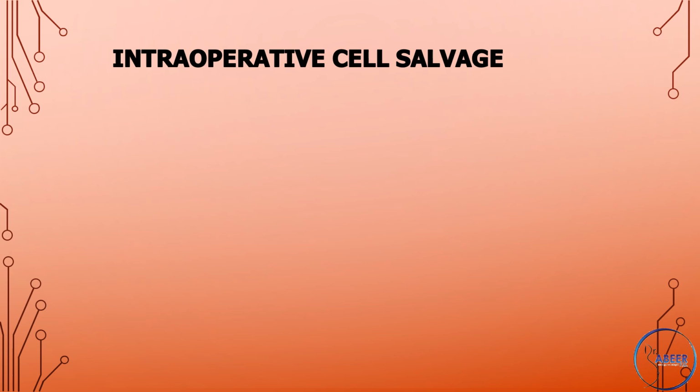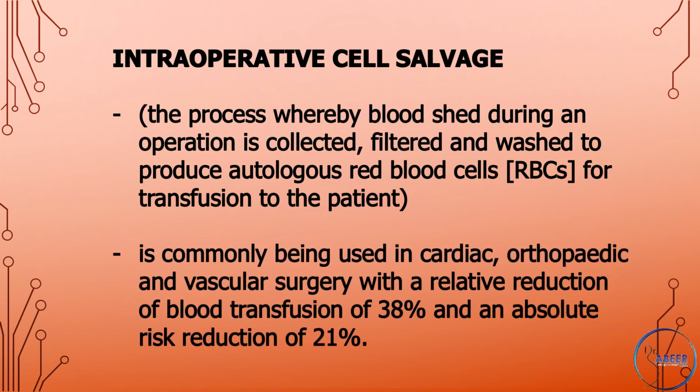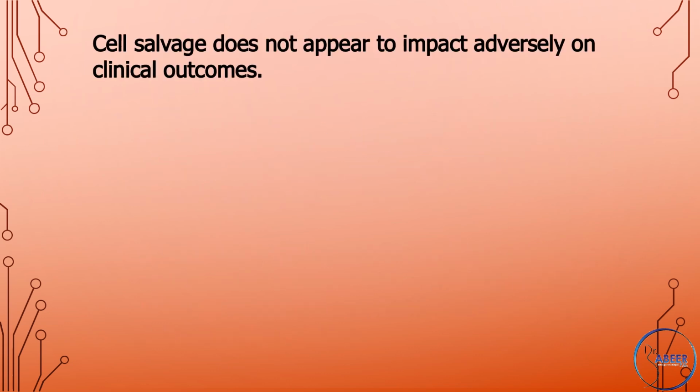Intraoperative cell salvage, the process whereby blood shed during an operation is collected, filtered, and washed to produce autologous red blood cells, or RBCs, for transfusion to the patient, is commonly being used in cardiac, orthopedic, and vascular surgery with a relative reduction of blood transfusion of 38% and an absolute risk reduction of 21%. Cell salvage does not appear to impact adversely on clinical outcomes.